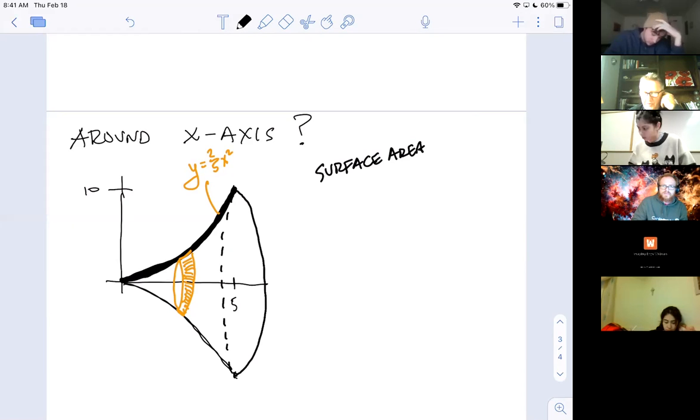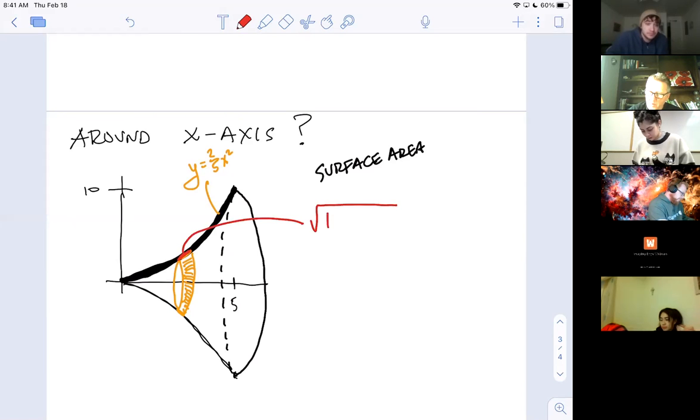All right, let's do it. So as before, we've got that little length right there. We've been calling that little length the square root of 1 plus dy/dx squared, dx, right?